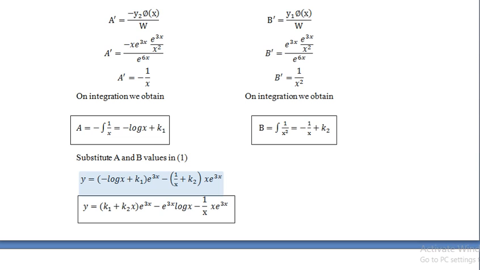So now collect k1 e to the power 3x plus k2 x e to the power 3x. So e to the power 3x is common, k1 plus k2 x here, and minus e to the power 3x log x minus x e raised to 3x divided by x here. So which is the required solution.